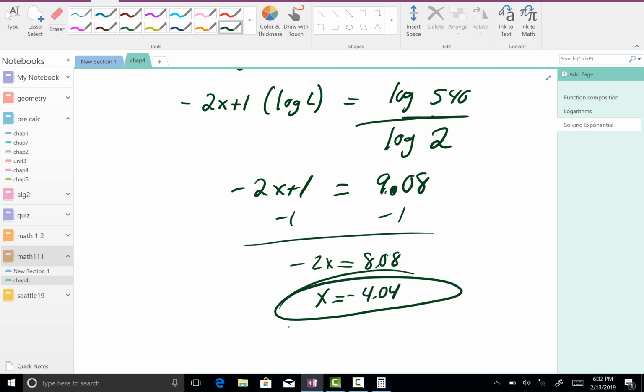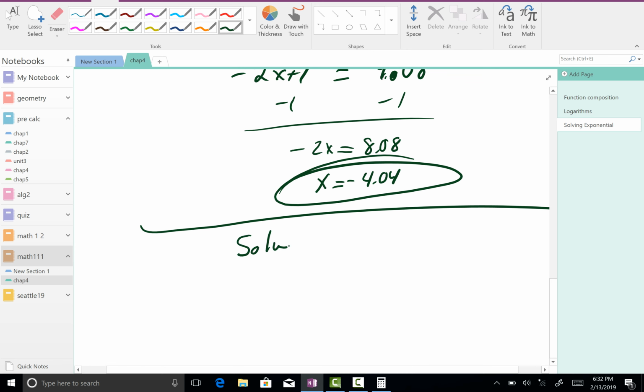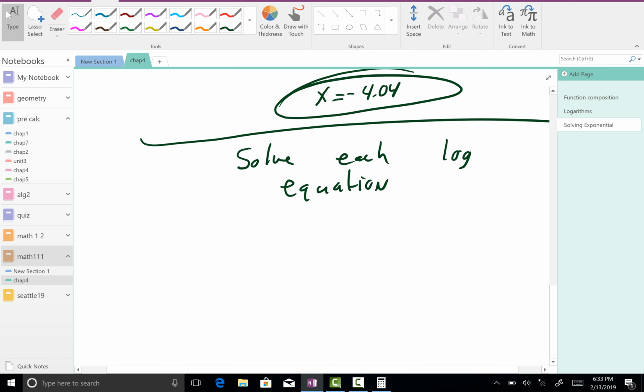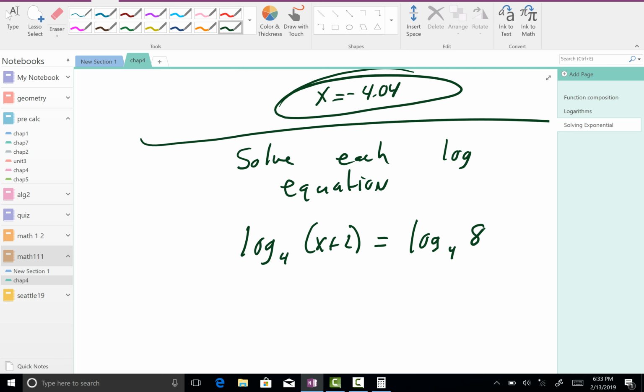Then they have these log equations they want you to solve. So they kind of look like this. Log base 4 of x plus 2 equals log base 4 of 8.